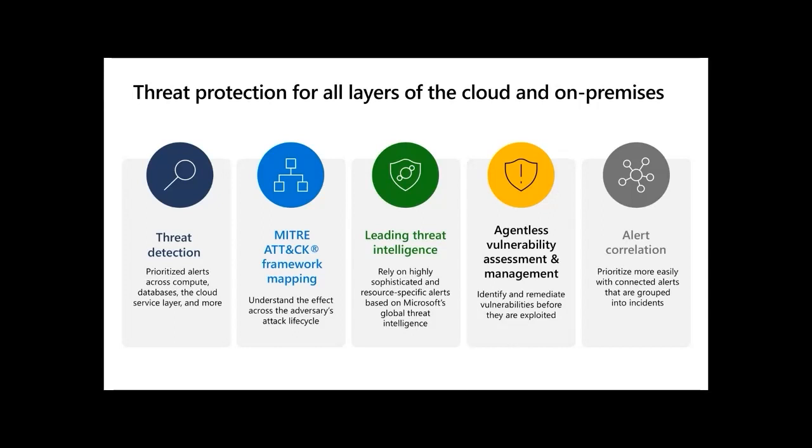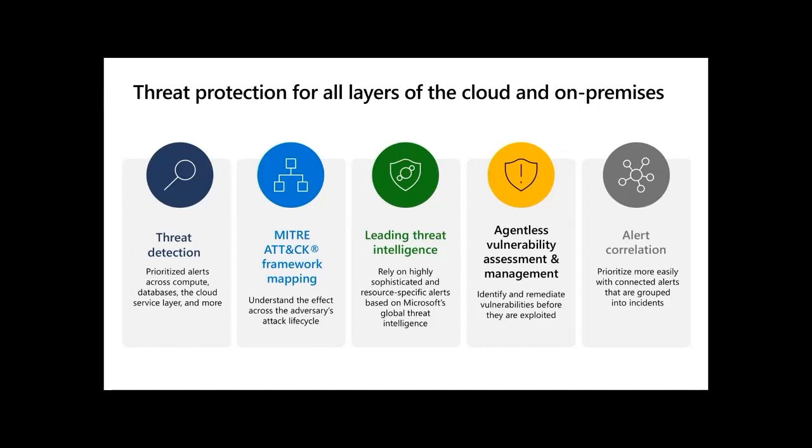MITRE ATT&CK is one of the leading nonprofits that aims to distill knowledge of attackers and cyber adversaries into their framework, which by providing a mapping to, we're able to help organizations understand the effect that those alerts as well as misconfigurations have against a particular attacker's attack lifecycle, like the ones I previously mentioned to you.